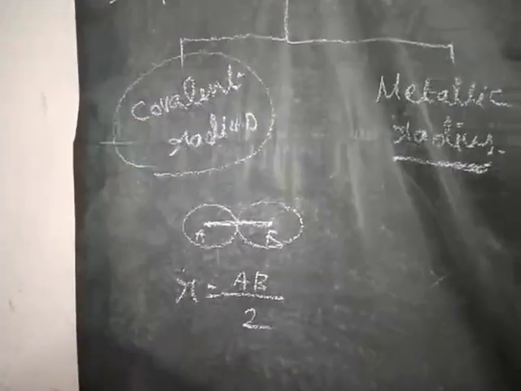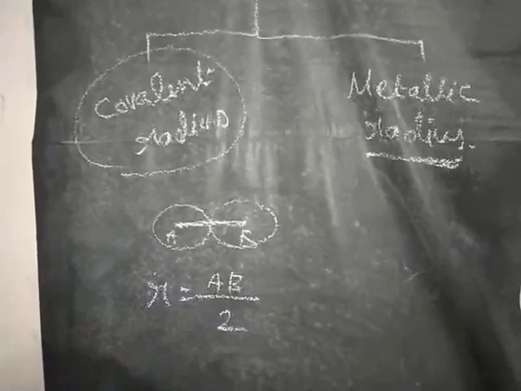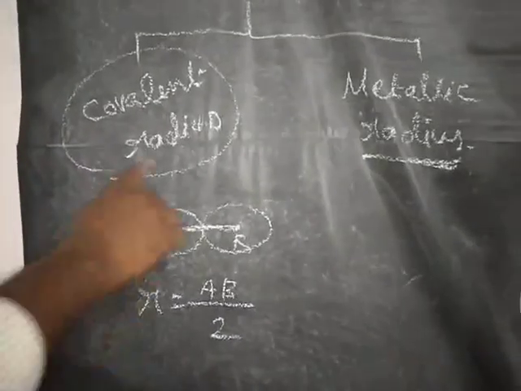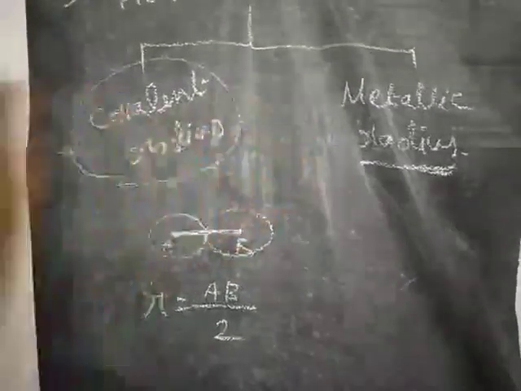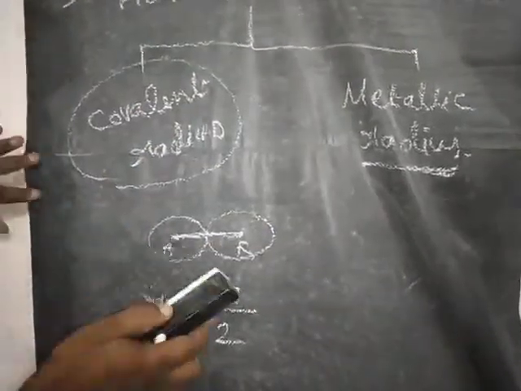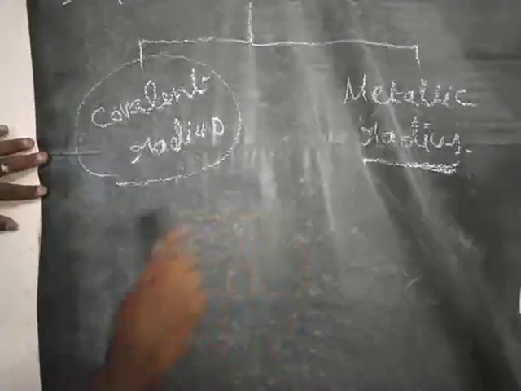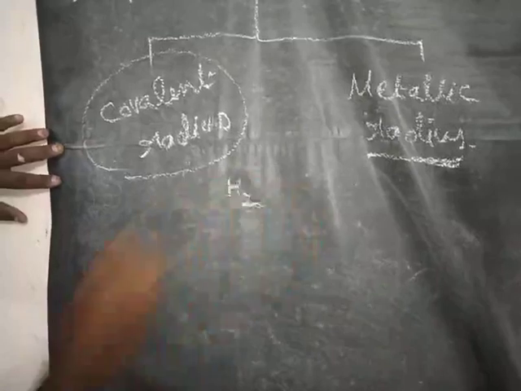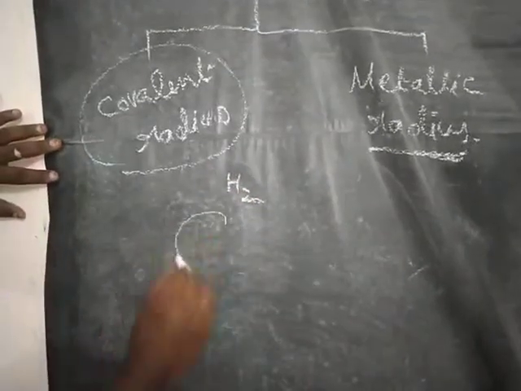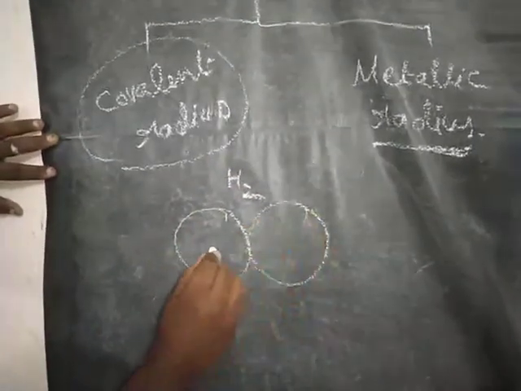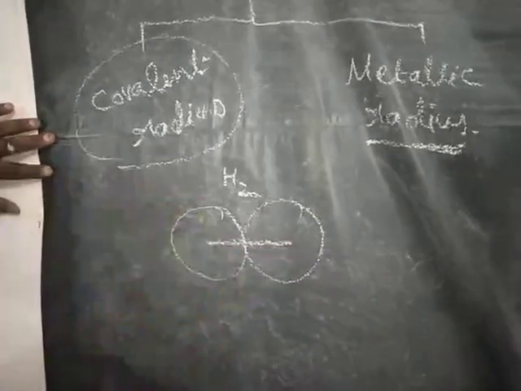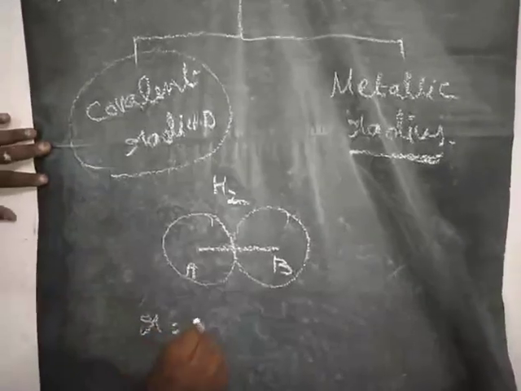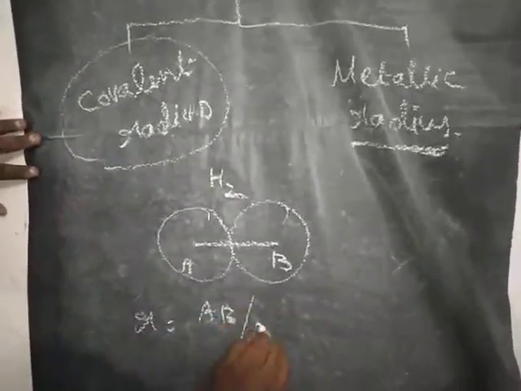The same way we have to define the covalent radius. Which type of atom of an element will form covalent radius? Non-metals. If you are taking the hydrogen molecule H2 as an example, A and B, the radius is AB divided by 2.